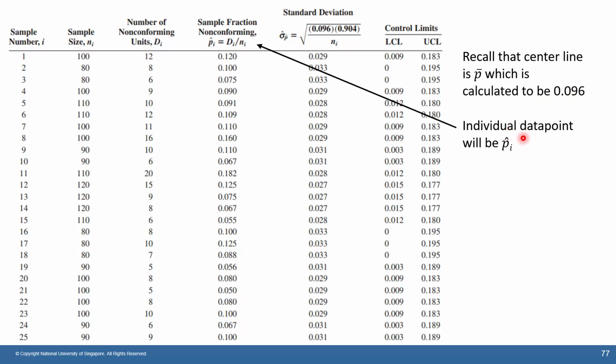So then the individual data point that you'll be plotting will be the sample fraction non-conforming, because remember, you cannot plot the number of non-conforming units because the basis is different, the number of samples is different. So what you do is simply take the number of non-conforming and divide by the sample size. Then you get the sample fraction non-conforming, and these are the points that you'll be plotting.